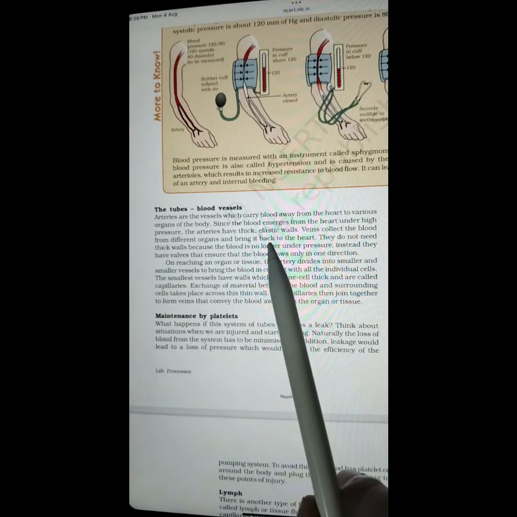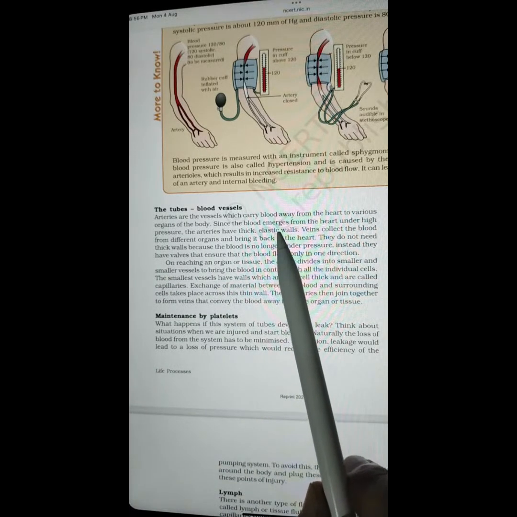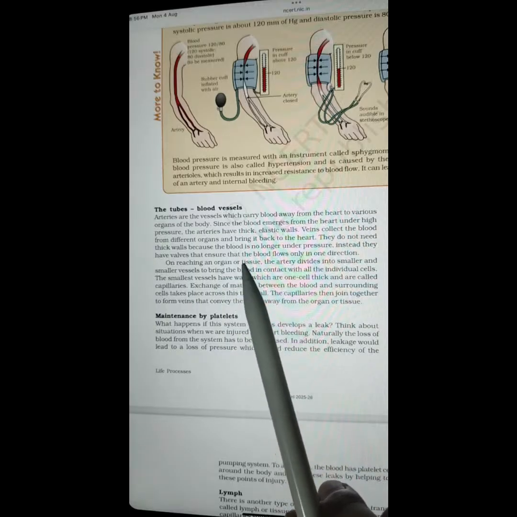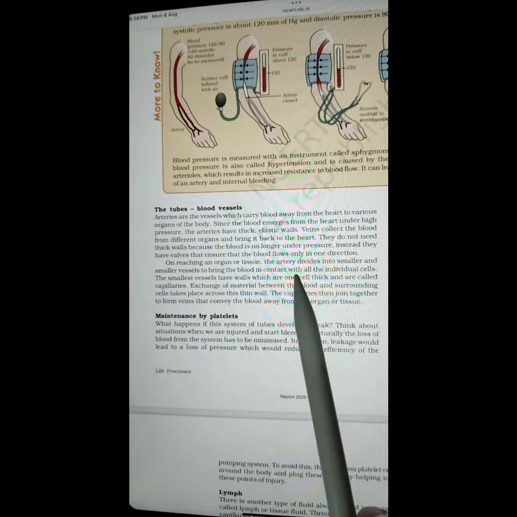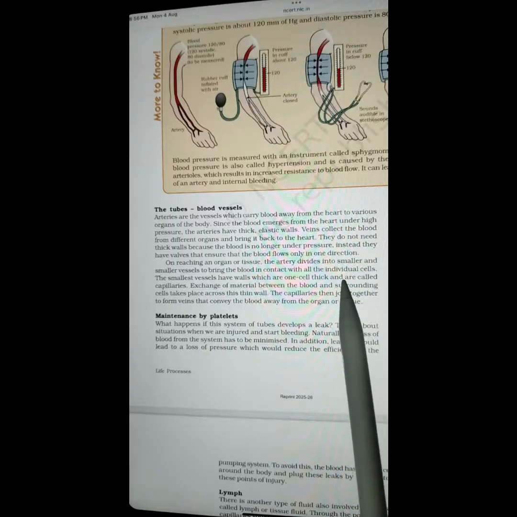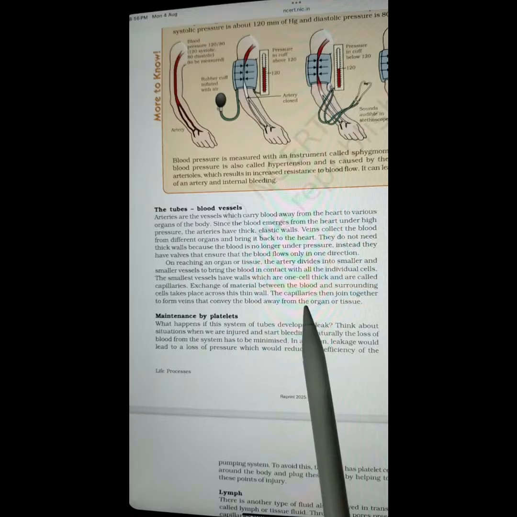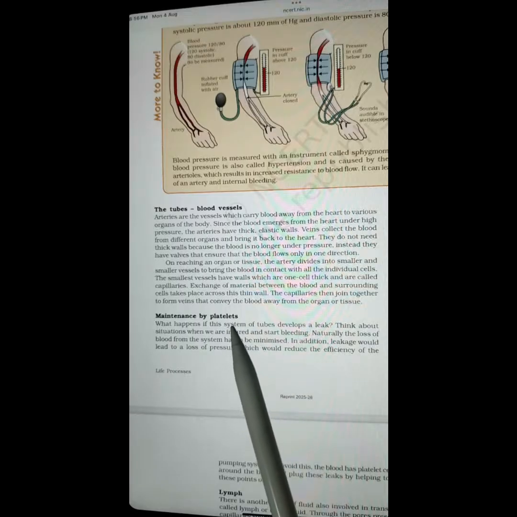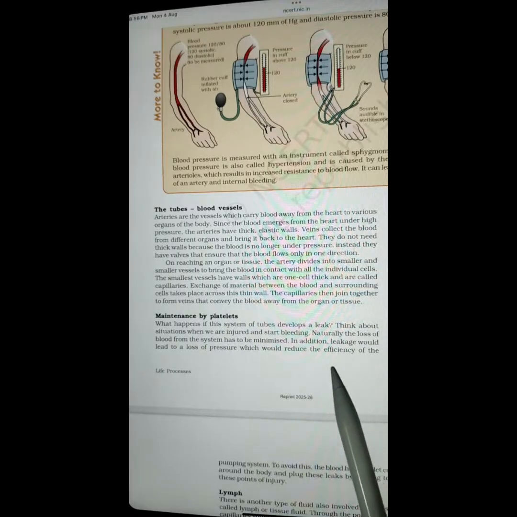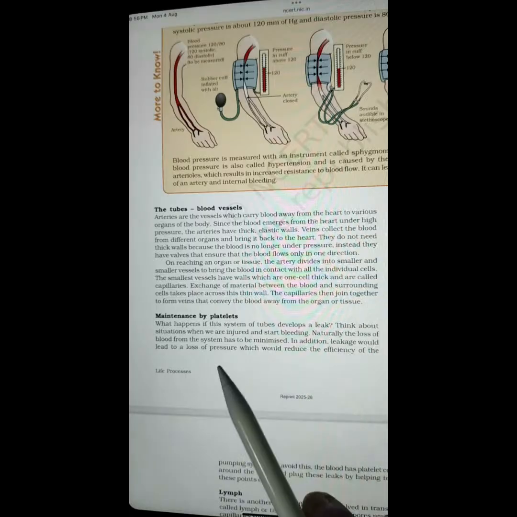Arteries, elastic, emerges, pressure, smaller, individual, exchange, capillaries, platelets, leakage, efficiency.